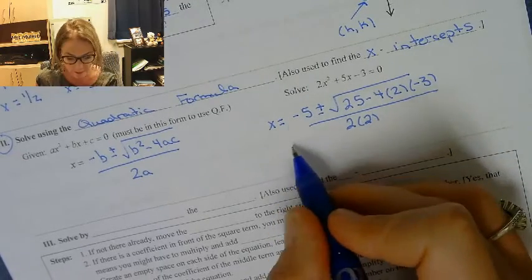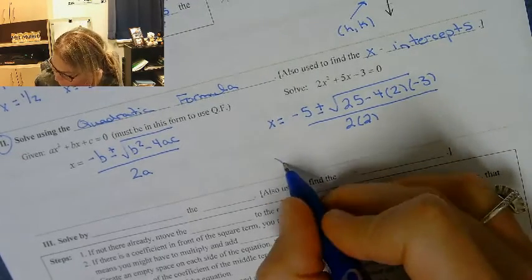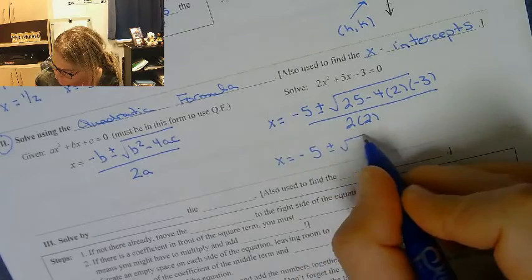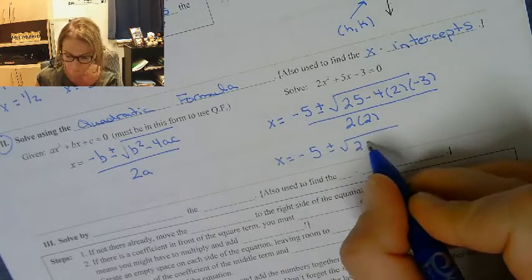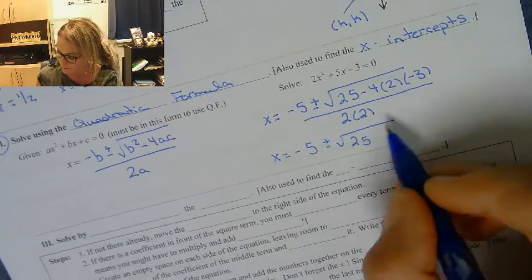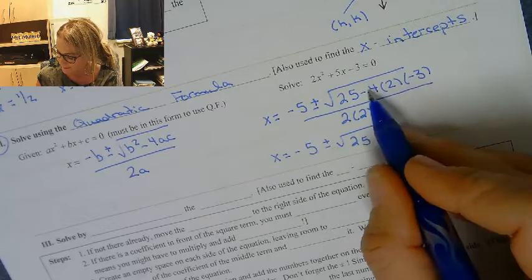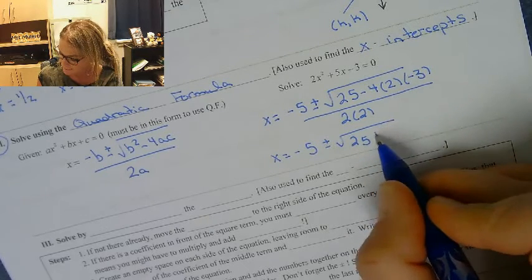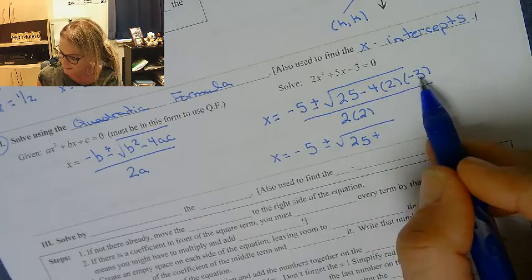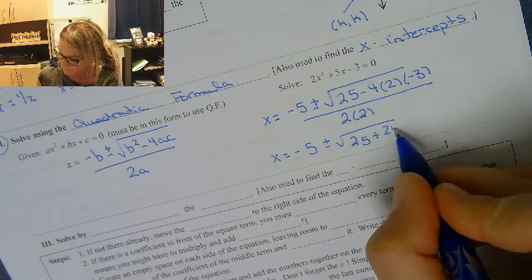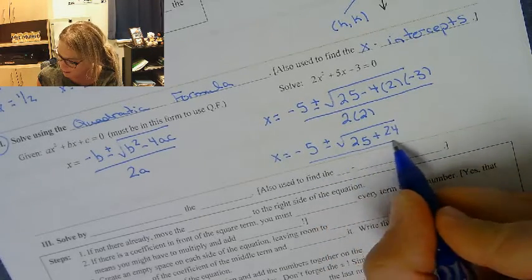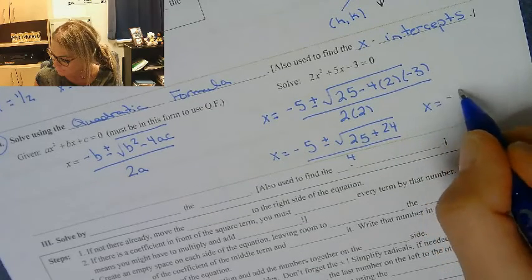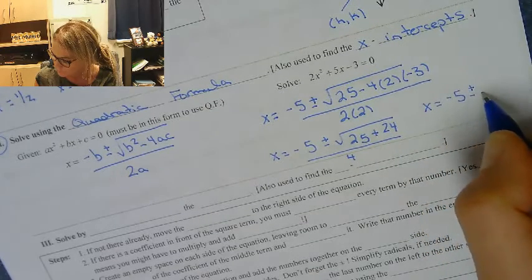All right, so I'm probably going to run out of room, but this is negative 5 plus or minus 25 minus, that's 8 times, that's negative and negative, which is positive, and that's 8 times 3, which is 24, and so we get 49 all over 4, and so x equals negative 5 plus or minus root 49.